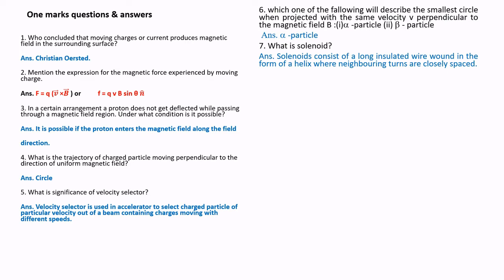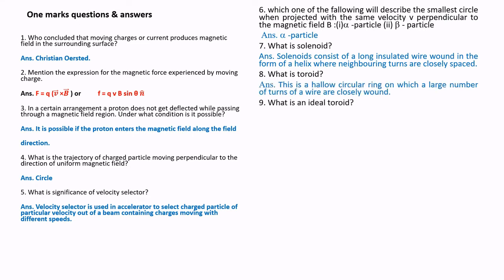Question number 7. What is a solenoid? Answer. A solenoid consists of a long insulated wire wound in the form of a helix where neighboring turns are closely spaced. Question number 8. What is a toroid? Answer. It is a hollow circular ring on which a large number of turns of wire are closely wound.